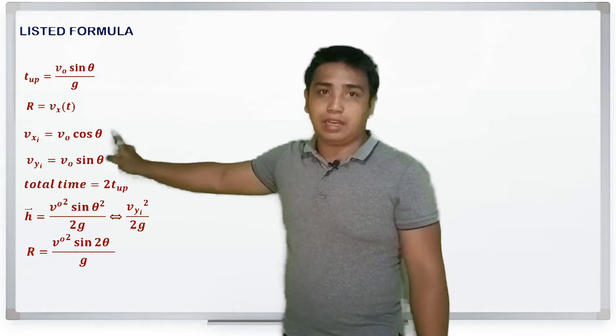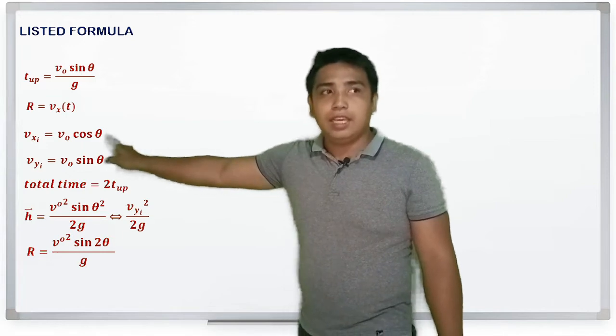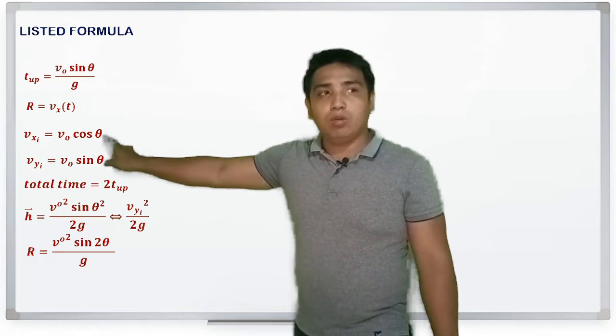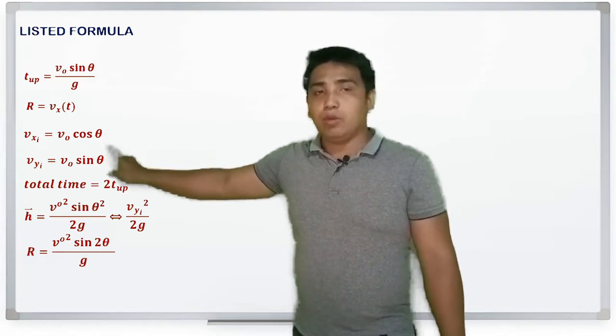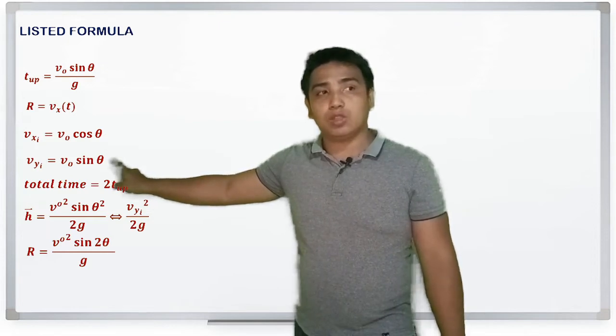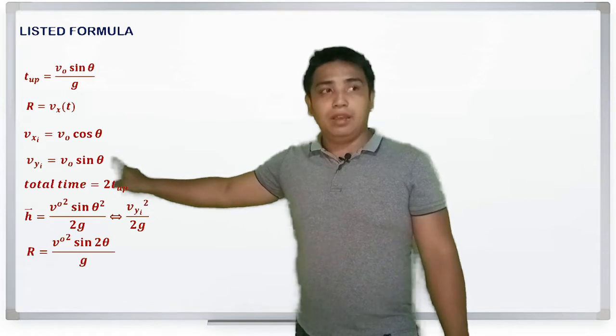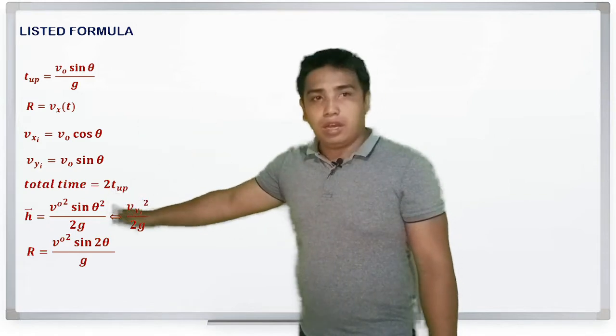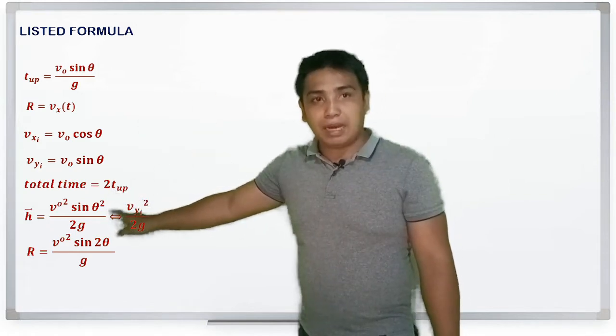And then the vxi, or the component velocity, is equivalent to vo cos theta, and then vyi is equivalent to vo sine theta. And then the total time is twice the time to get up, and we have computed for the maximum height.